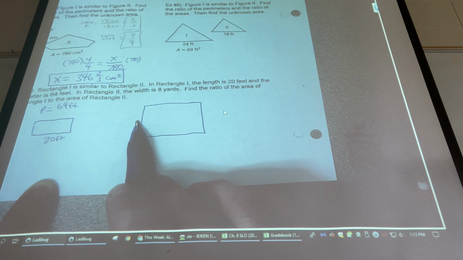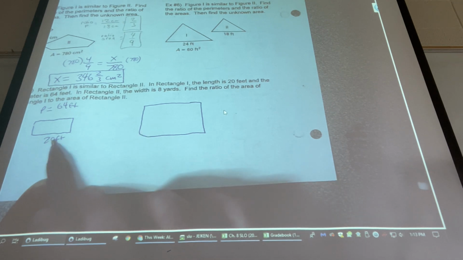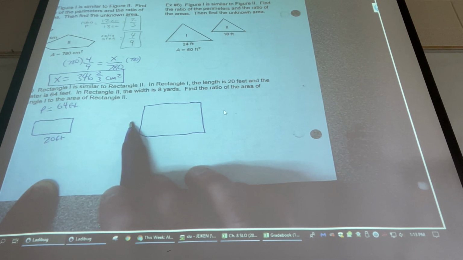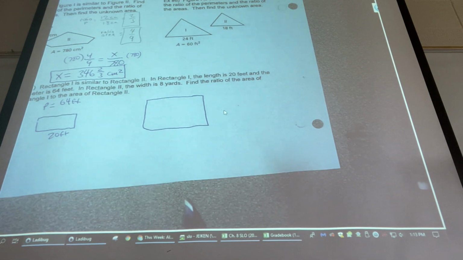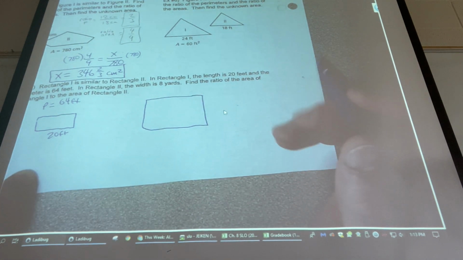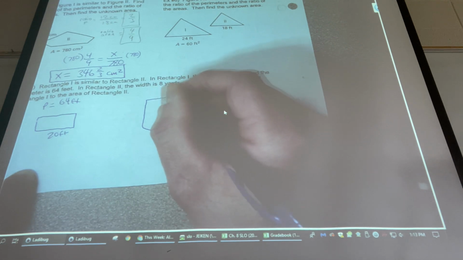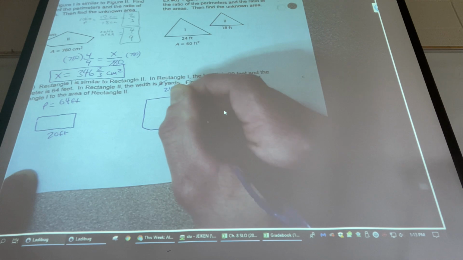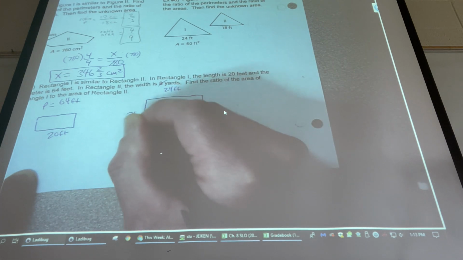Do you guys get that? Yeah, because I called this one my length, so width would have to be this. It's 8 yards. Does that bother anybody? Yeah. It kind of bothers me a little bit. It might not be an issue, but can we easily convert that? How many feet in a yard? 3. So this is actually 24 feet, isn't it?